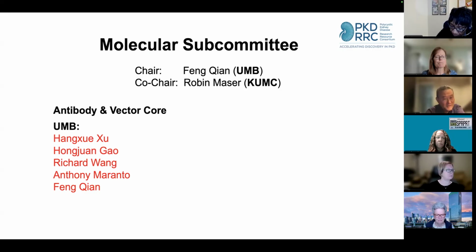And the names in red are the people in my lab, either previously or currently working on that antibody and vector core. But when the U54 was established, the leadership, Terry Watnick and Brad Yoder, thought that we have to have a subcommittee, not just me by myself, lonely.